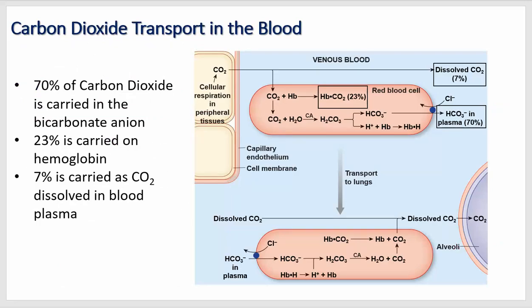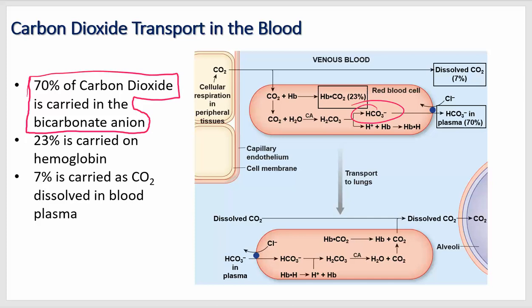But right now we're focusing on carbon dioxide transport in the blood, and we see here that 70% of it is carried as bicarbonate because of this equation right here: CO2 plus H2O, and then we have the bicarbonate, and that's how it's being held.